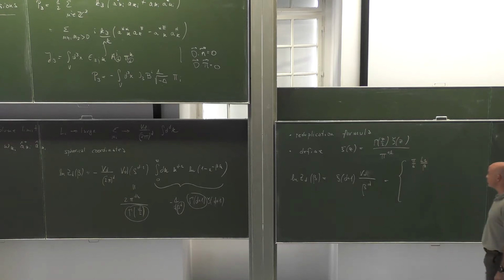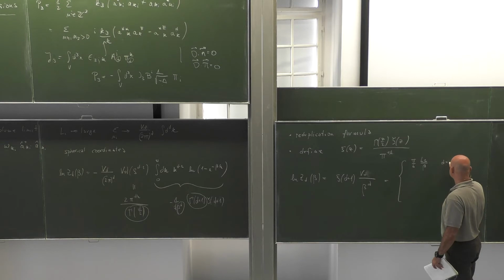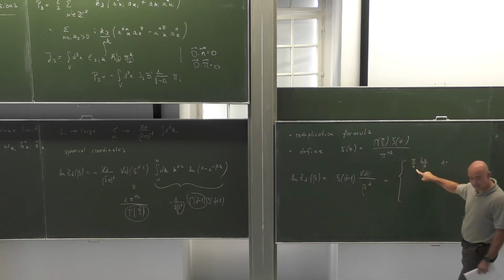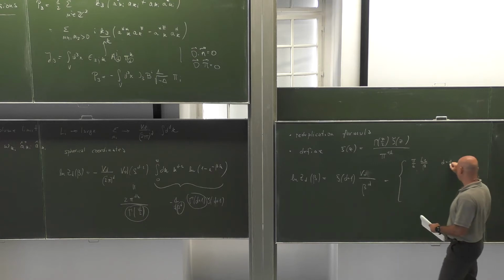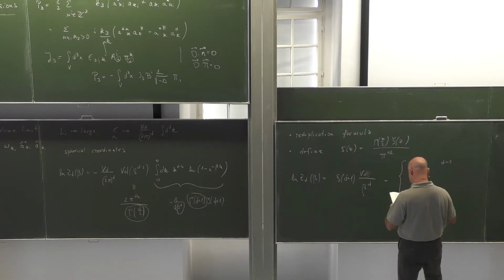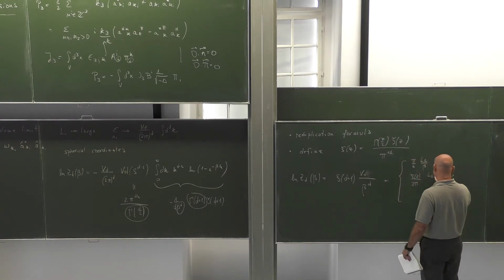So for d equal to 1, which would be the result in conformal field theory, it is this thing because psi of 2 is then exactly this thing. Okay, in 2 spatial dimensions, you have a zeta 3 over 2 pi, and then you have the area over beta squared.